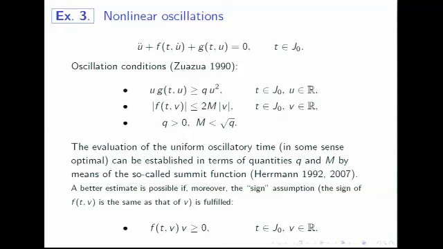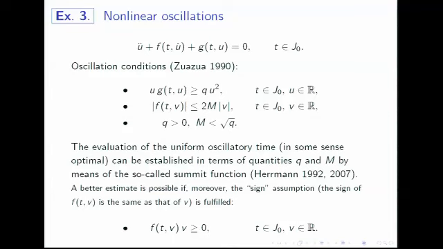The oscillation conditions, which are due to Zuazua, are the following. u g(t) u is greater than or equal to q u squared for all t from our interval J0 and u from R, and the absolute value of f(t) v is less or equal to a constant denoted by 2m, absolute value of v.